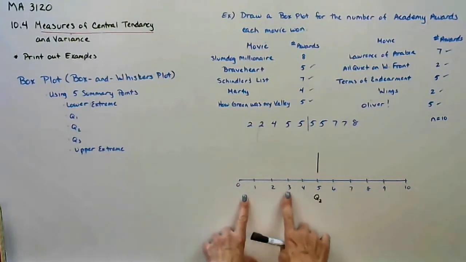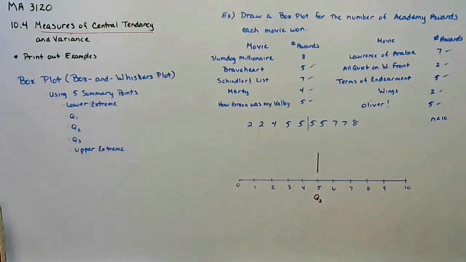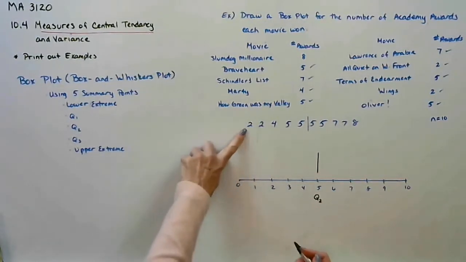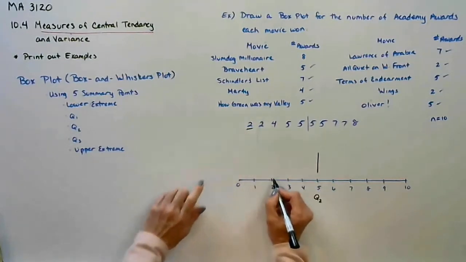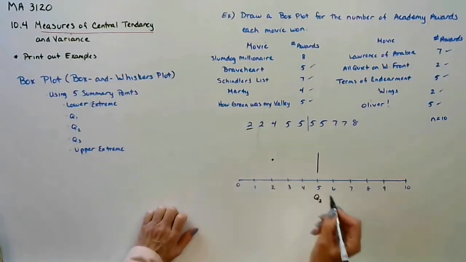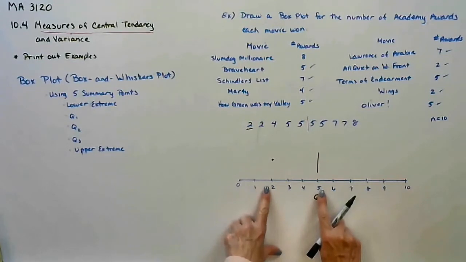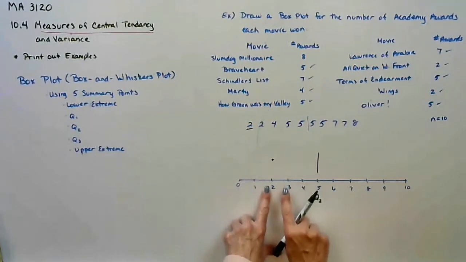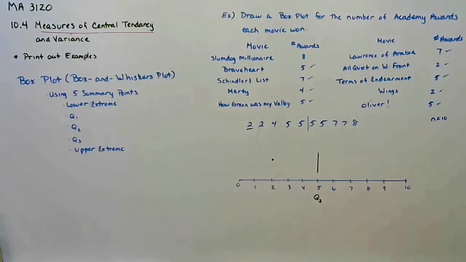Then we're going to find the median of the first half. So 1, 2, 3, 4, 5. I've got to go halfway down between that. My lowest data point is 2, so my lowest extreme is 2. And what is exactly halfway between 2 and 5? 1, 2, 3.